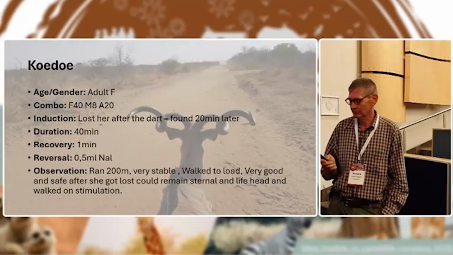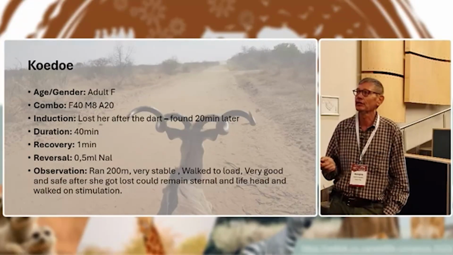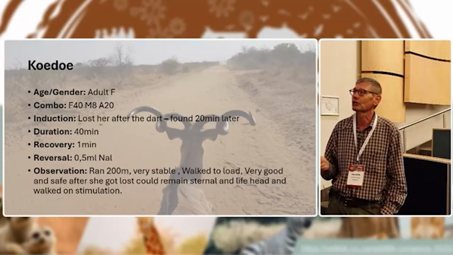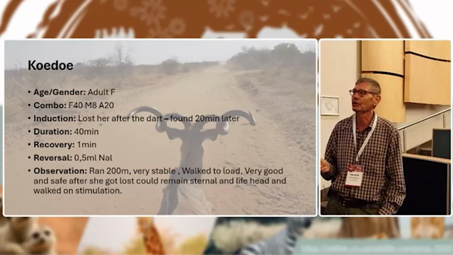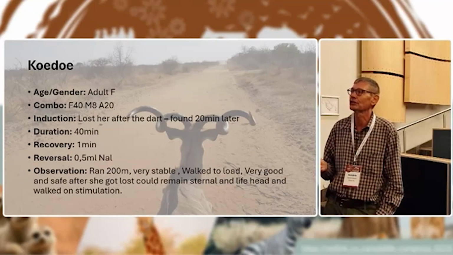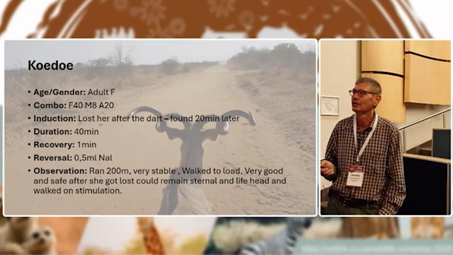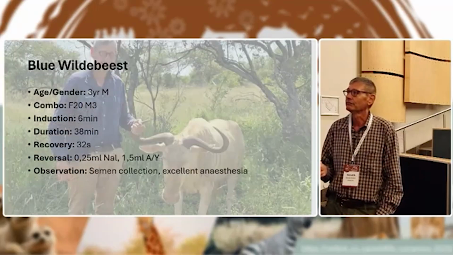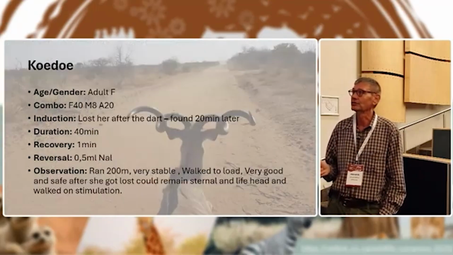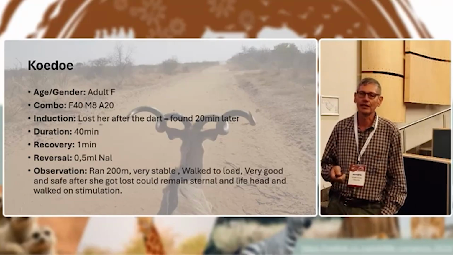Kudu. Alwyn Venter, that one that he lost, ran away just after he darted the animal. He found it 200 meters further, 20 minutes later. I've missed that video, sorry. He sent a video on that animal.